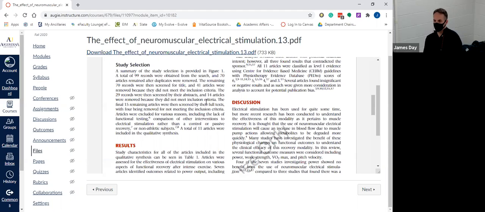No. The idea is we need to ensure that we have every research article that would meet our inclusion criteria. So it makes sense that articles that may not specifically meet our inclusion criteria might have cited articles that could have.